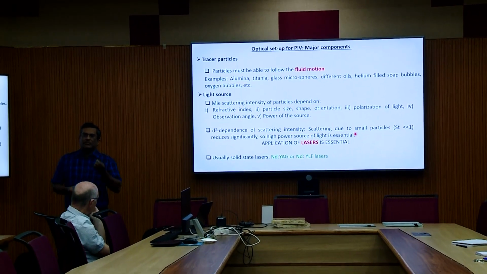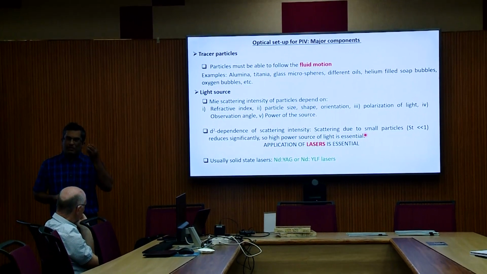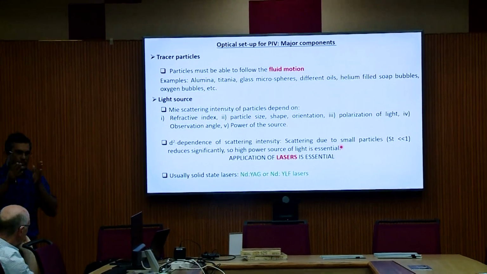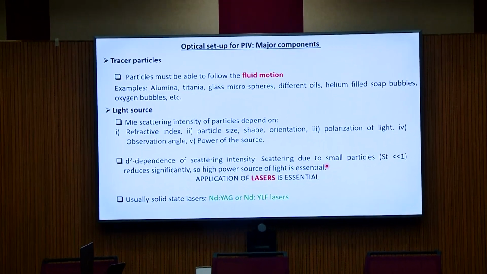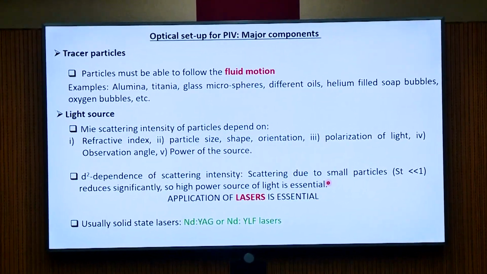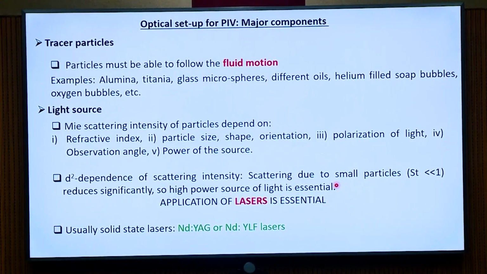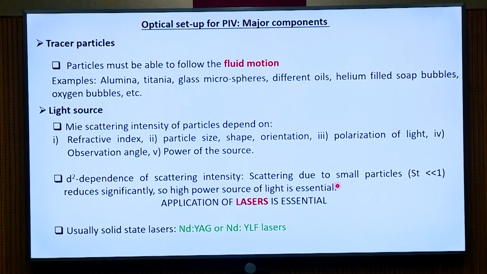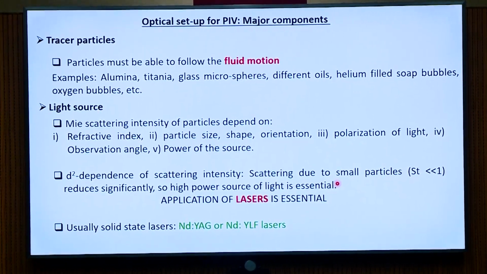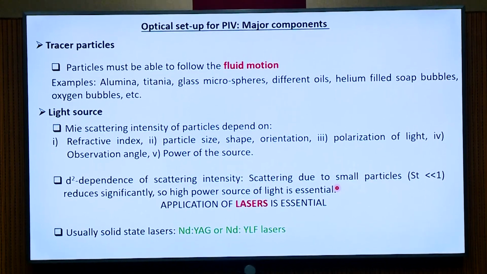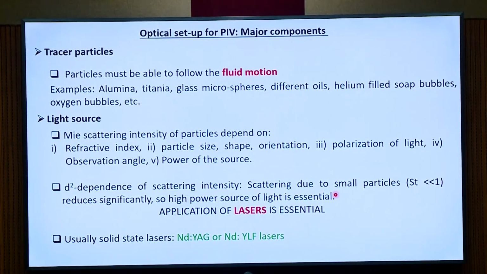Usually we consider the particles which have very small Stokes numbers, less than 0.1. But how do you estimate the Stokes number? Because you haven't done the experiment. So to begin with, some estimate of the time scale of the flow is required.